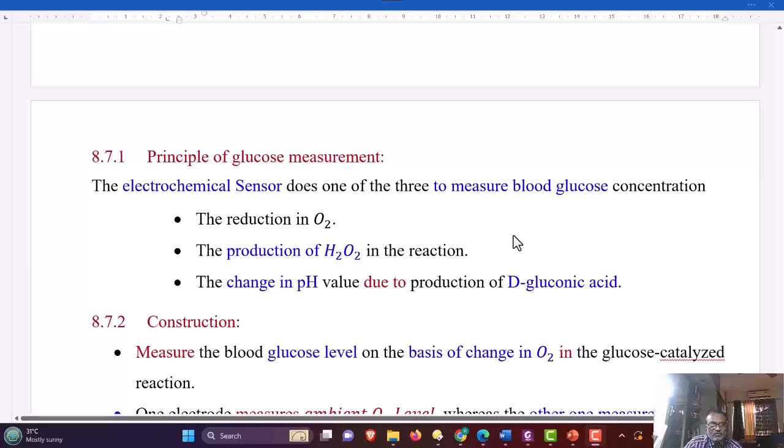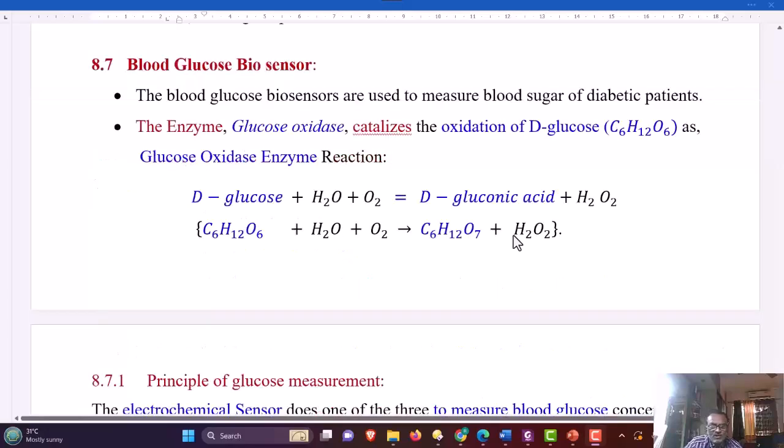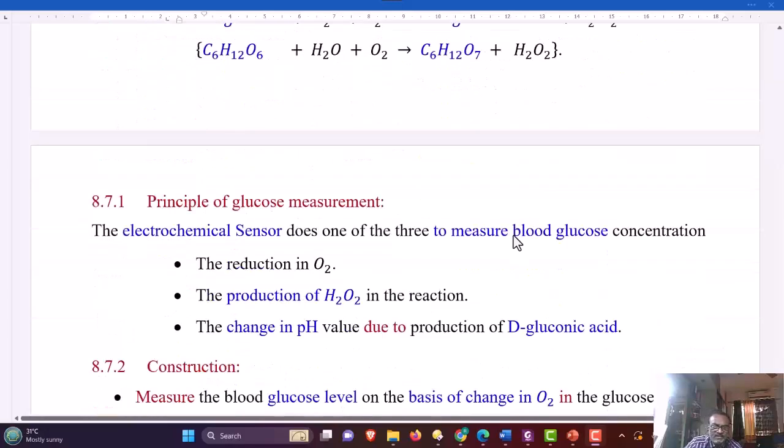The principle of glucose measurement is just a chemical reaction of glucose oxidase with the glucose. It takes place with the reduction of O2. It produces H2O2 in the reaction, and there will be a change in the pH value due to the gluconic acid.